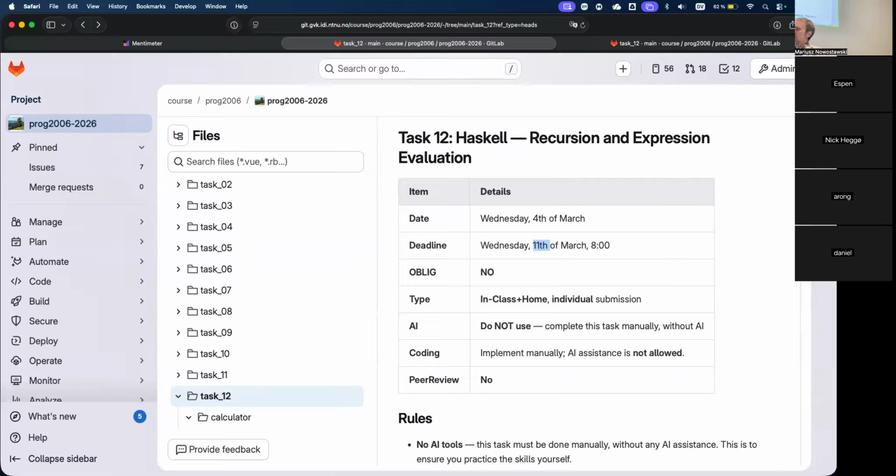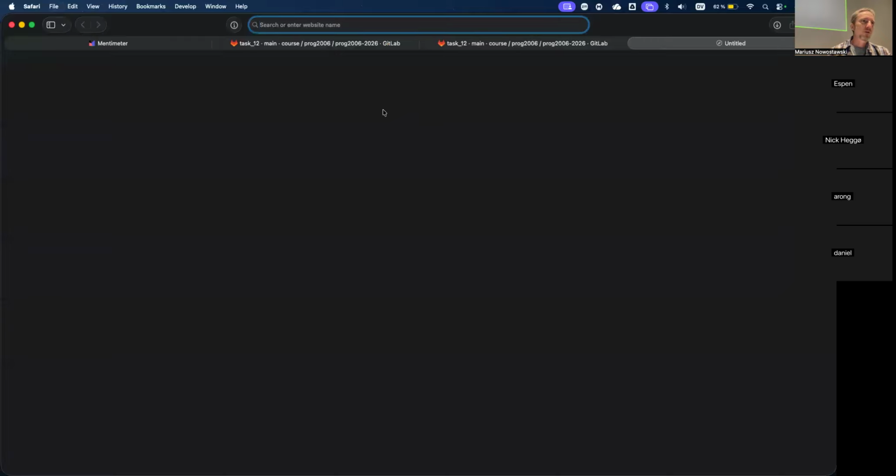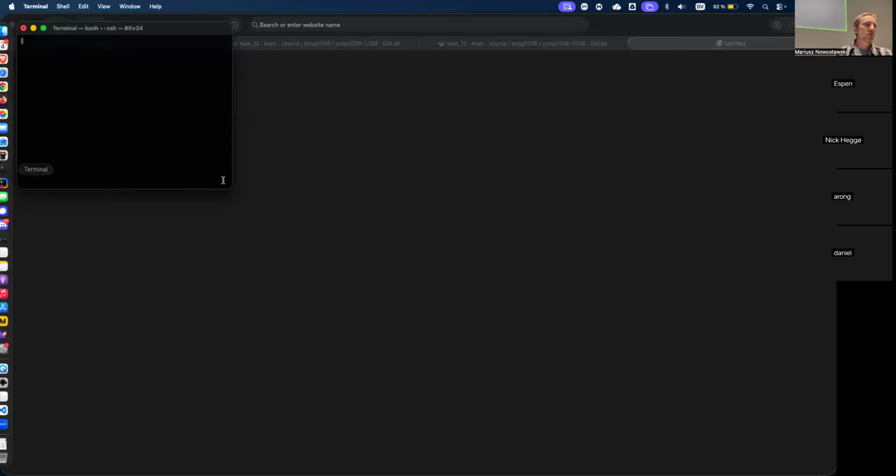Okay, so the final thing is I don't have it as a material, but for those of you who are really on the geeky side and are really onto learning about recursion, there is this concept which is called Y Combinator. Have you heard about Y Combinator?